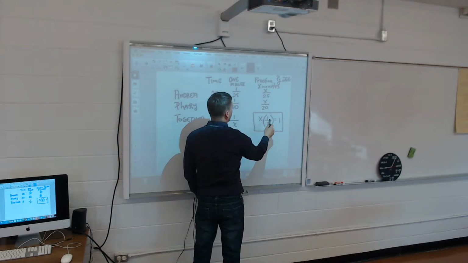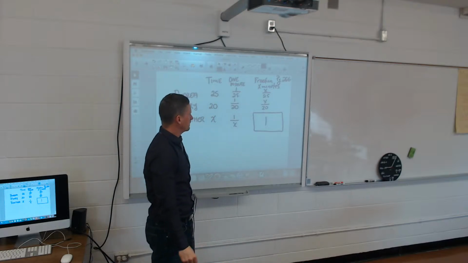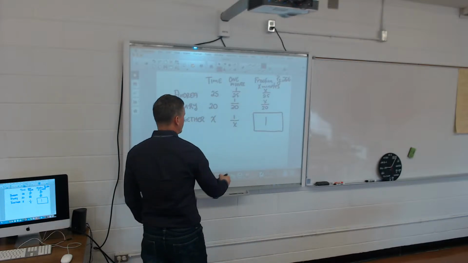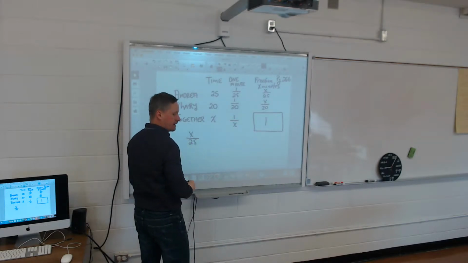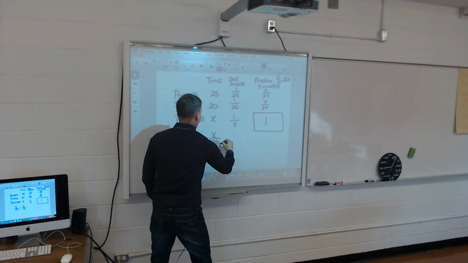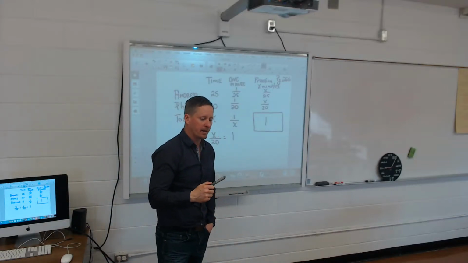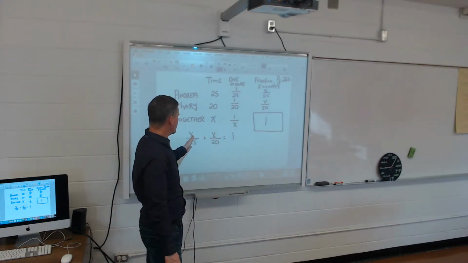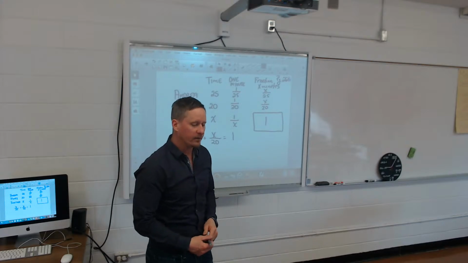That's just to show you how to get to 1, but I can erase it, and I need 1 bag of popcorn. So how much each person eats is, she's going to eat x/25 of that bag, he's going to eat x/20 of that bag, for a total of 1 bag. So you add up the amount of popcorn she's going to eat and the amount he's going to eat. She eats x/25, he eats x/20, and together they eat 1 full bag of popcorn.